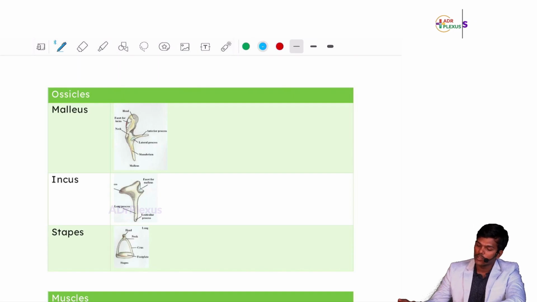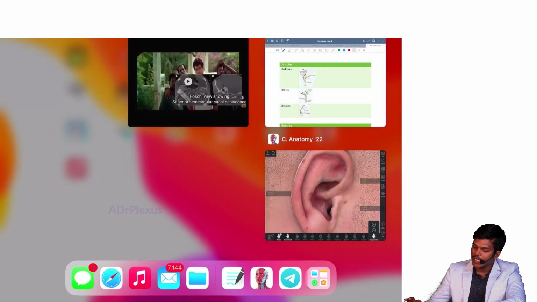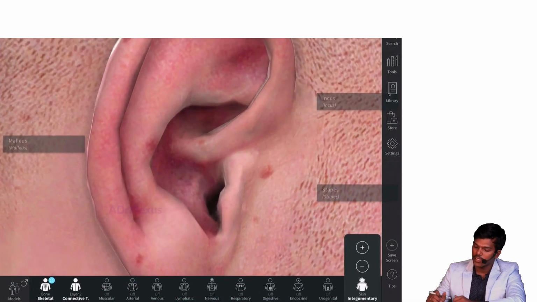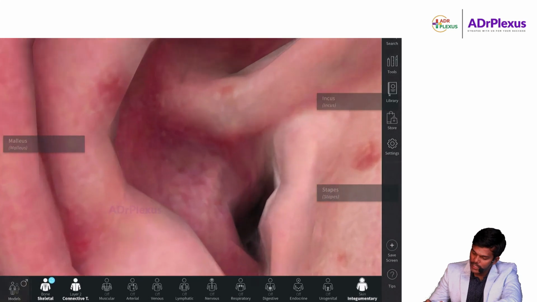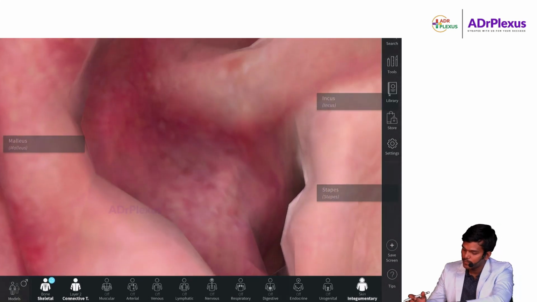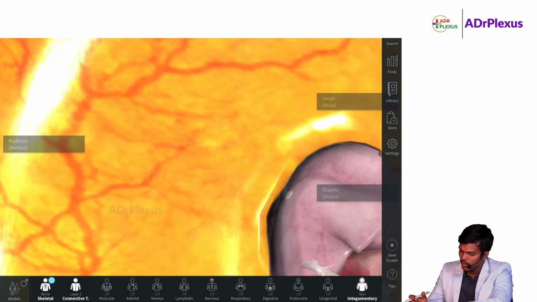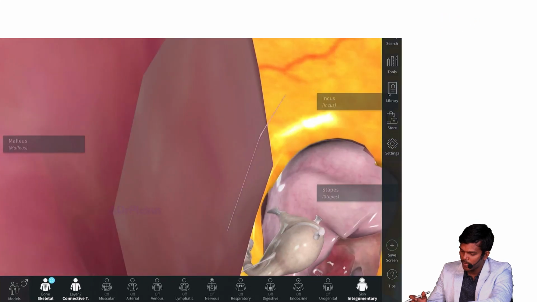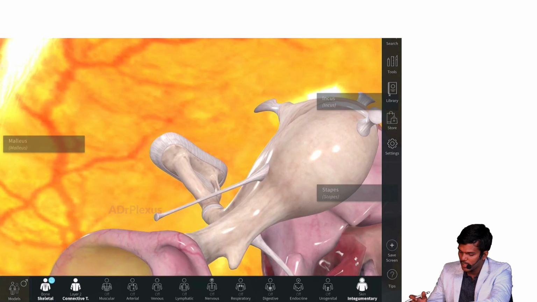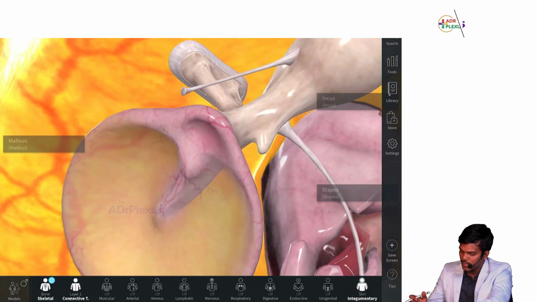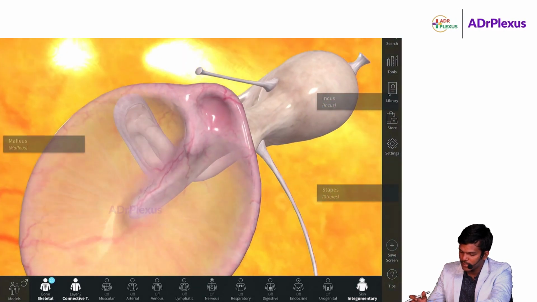Okay, so you need to have a clear depiction of the ossicles of the ear. Now you look, this is the pinna. We are entering into the pinna. Once we enter into the pinna, we will be seeing the tympanic membrane like this.